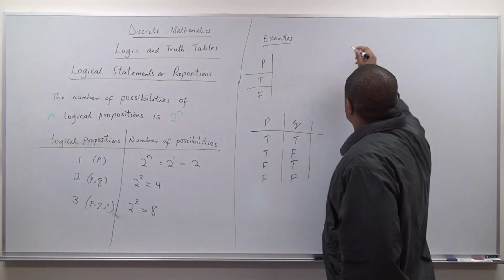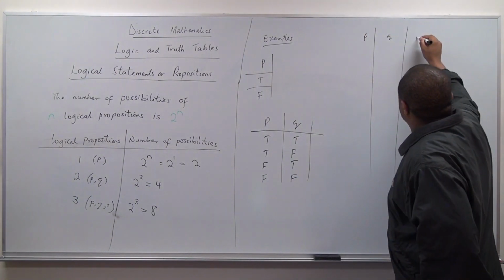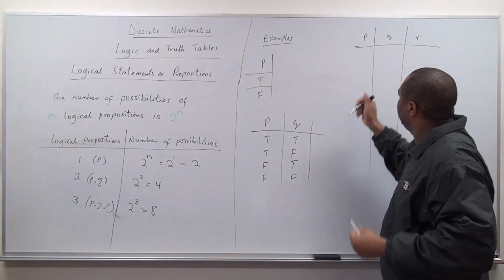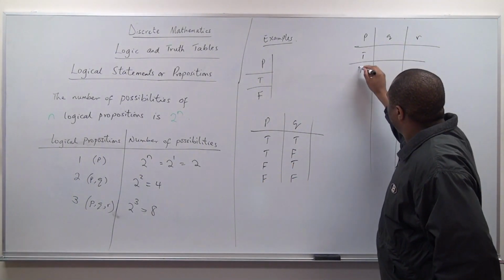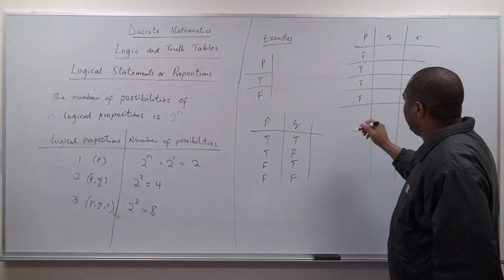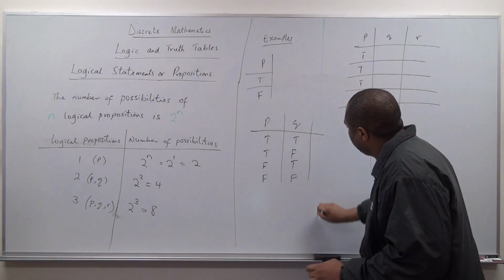Okay, so we have P, Q, and then R. Here, 8 divided by 2 is 4. 4 truths and 4 false. Let me use a line to separate this.